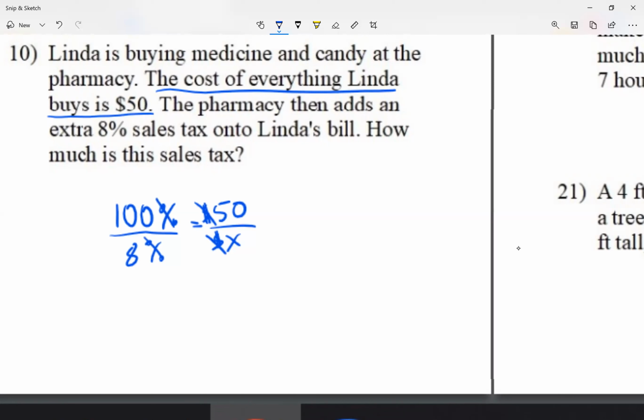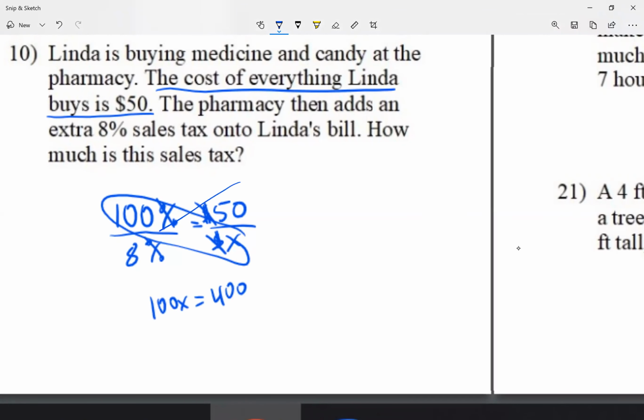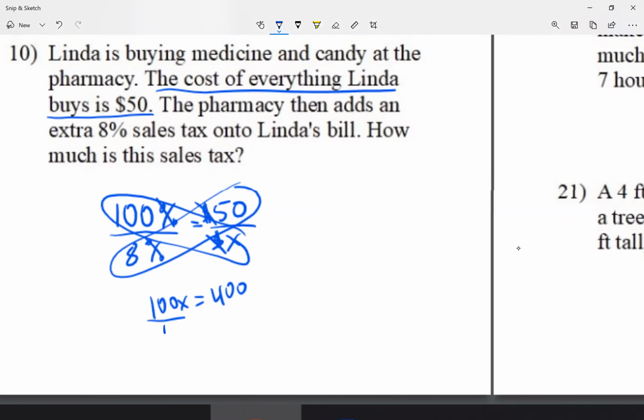I'm going to cross multiply it. 100 times X is 100X. 8 times 50 is 400. Right, I just cross multiplied. Let me divide by 100 because that's the number in front of X. 400 divided by 100 is 4. So how much is this sales tax? $4.